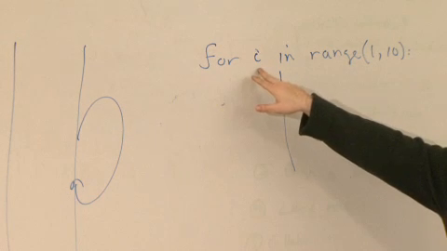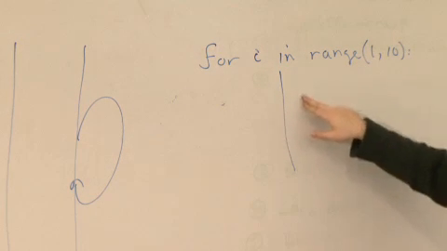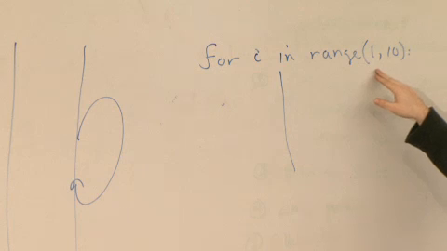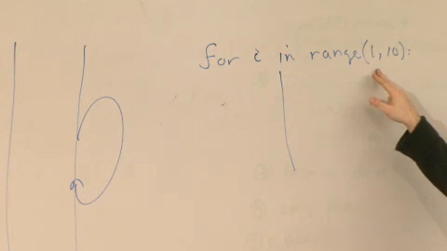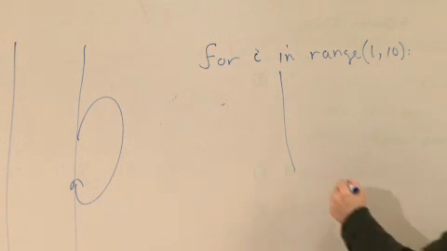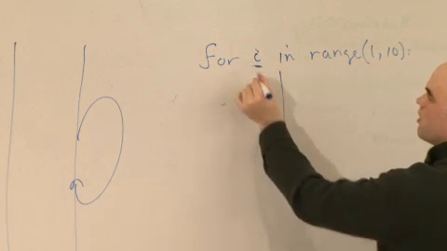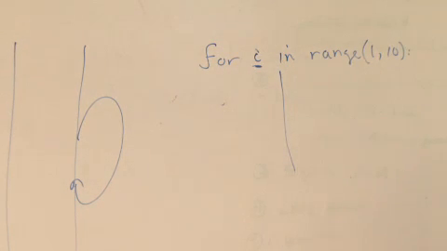What this is telling Python, though, is that we're going to execute this block of code 9 times, right? And on each iteration through this block of code, we're going to set i to 1, and then set it to 2, 3, 4, 5, 6, 7, 8, 9. Anyone lost by that? We'll see an example of it pretty shortly.